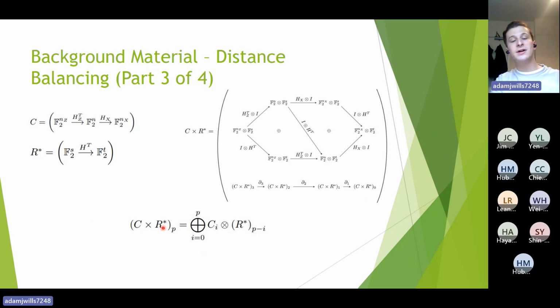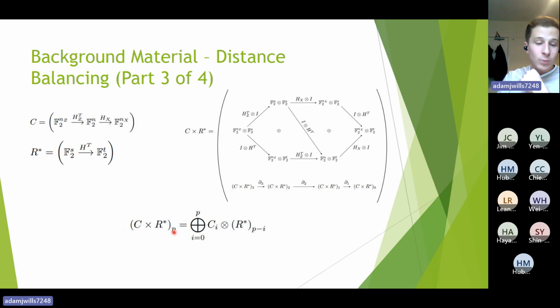So for example, C cross R star 0, so setting P equals 0 in this, is going to be C0 tensor R star 0. And so that's going to be just F2 to the NX tensor F2 to the T, and you can see that's exactly what we have in the diagram.